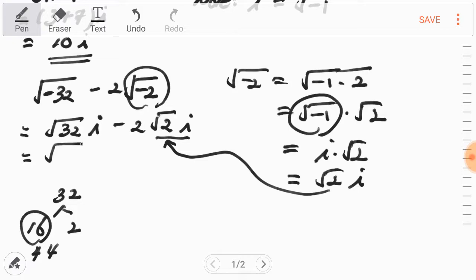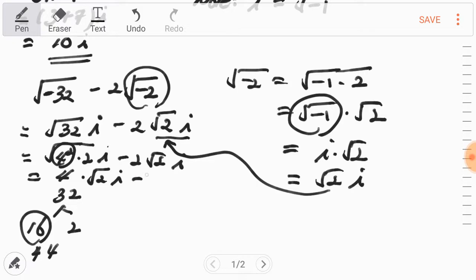So the square root of 32 is the square root of 16, which is 4 squared, times the square root of 2, times i, minus 2 square root of 2 i. Then this is equal to 4, since 4 squared becomes 4, and 2 stays inside the square root, times i, minus 2 square root of 2 i.